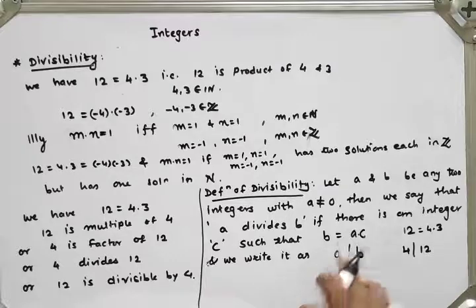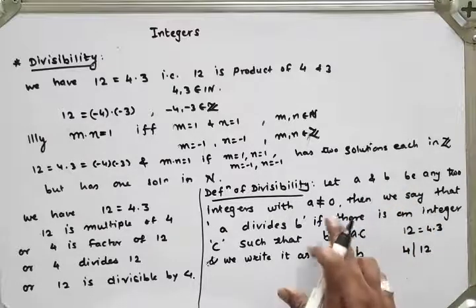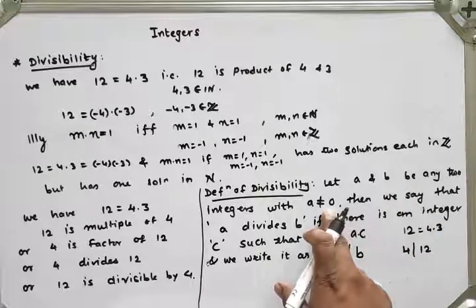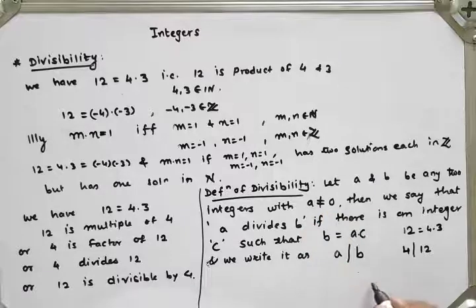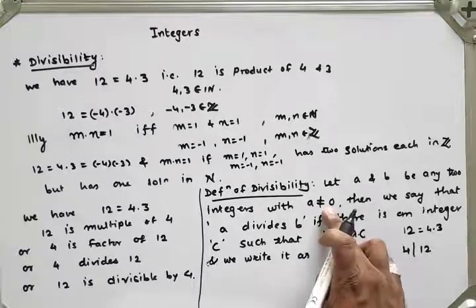So this is the meaning of divisibility. Suppose A and B are any two integers with A non-zero, because we cannot divide by 0. That's why A should not be equal to 0.